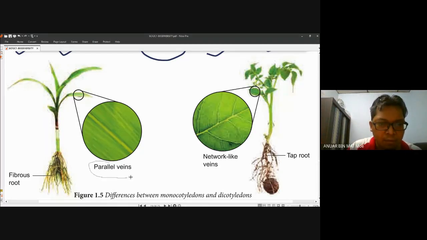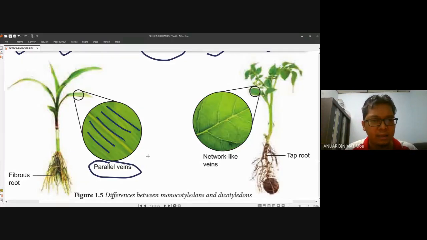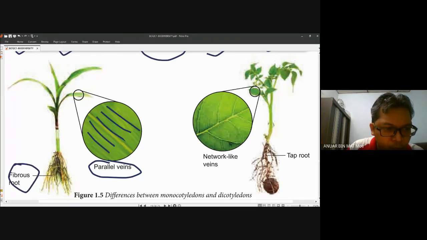Parallel vein, this is parallel vein. You can see the leaf here has parallel vein, one way. So we can categorize the plant on your left, is it dicotyledon or monocotyledon? The plant on your left here has parallel vein and it has fibrous root.